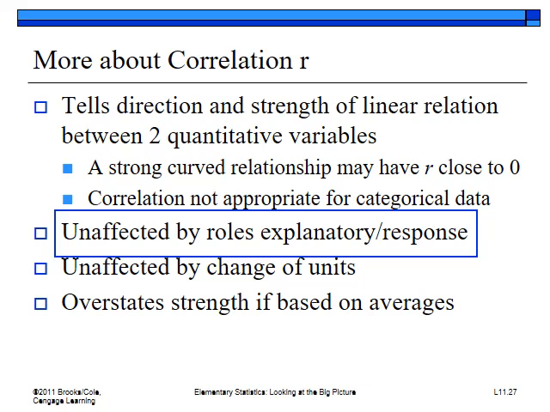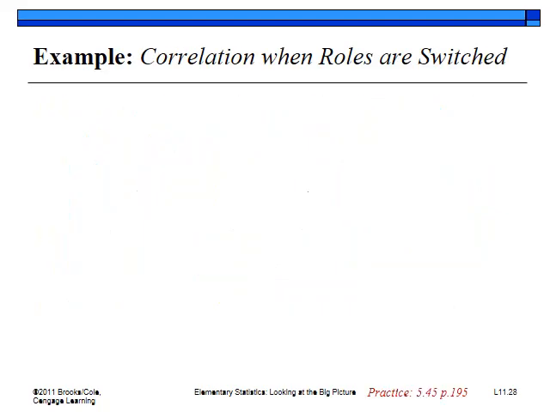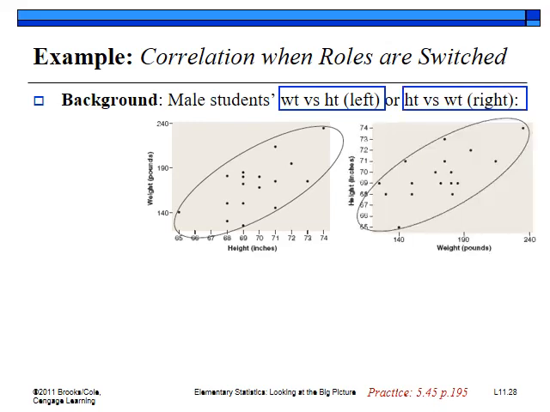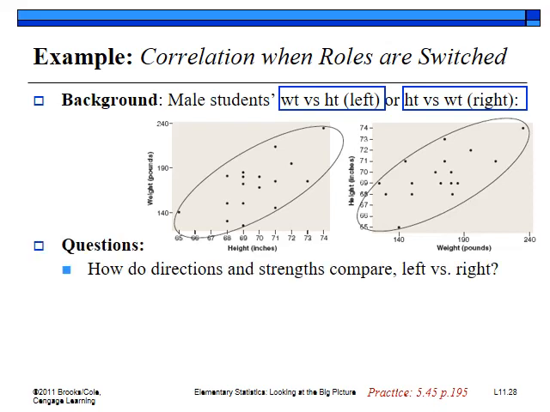R is unaffected by roles of explanatory and response. What does that mean? Well, what that means is if we have a scatter plot with, in the first one, weight versus height, weight on the y-axis, height on the x-axis, or if we switch the roles of the variables and we put height on the y-axis and weight on the x-axis, how do the directions and the strengths compare?